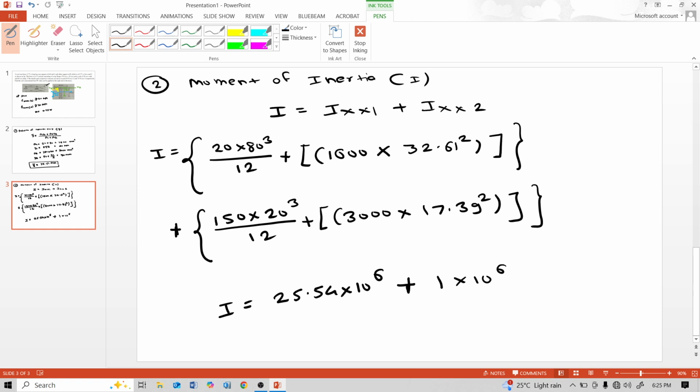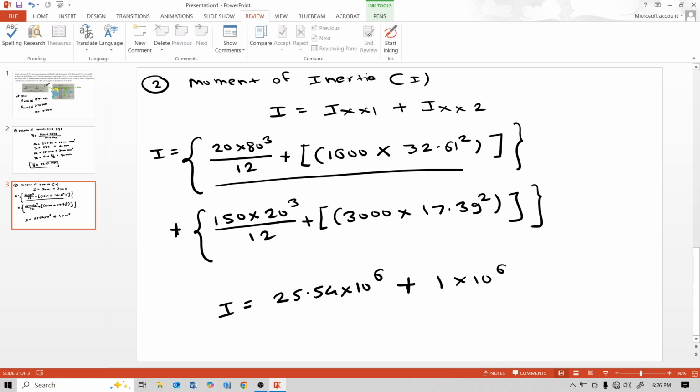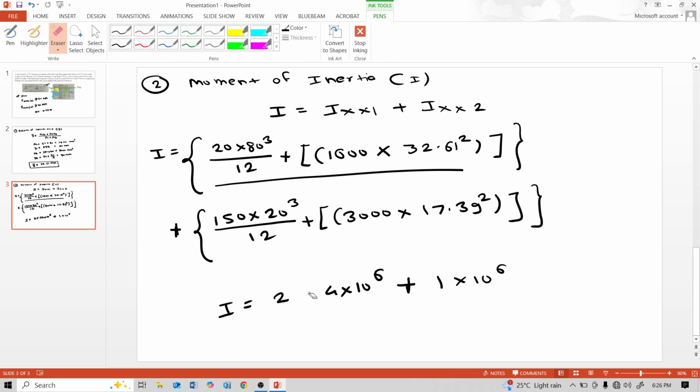So 2.55 plus 1 is 3.55 into 10 raised to 6 mm raised to 4.